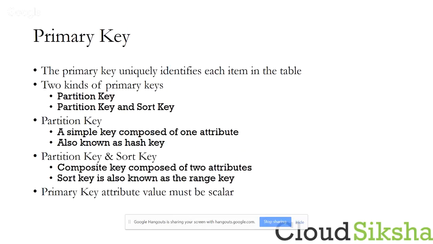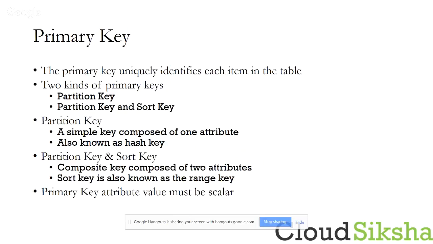So in the case of a partition and a sort key, two items can have the same partition key, but the sort key must be different. That is, the combination of partition and sort key must be unique for each item.